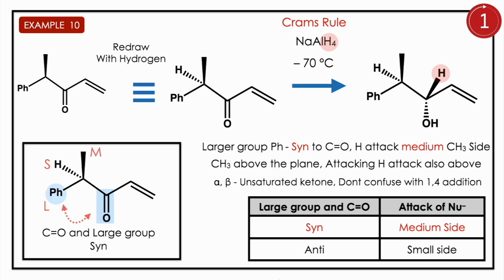Medium group is here methyl, so attack will happen on methyl. Hydrogen is the nucleophile. It attacks from the methyl side which is above the plane. So OH below the plane. Here you have the final product. The concept you have to learn here is sometimes the starting material is twisted. You stick with fundamentals to identify the final product.